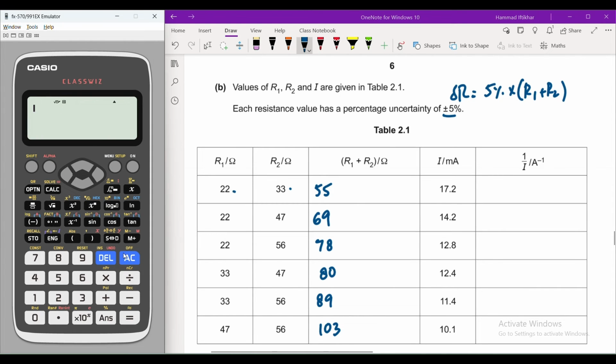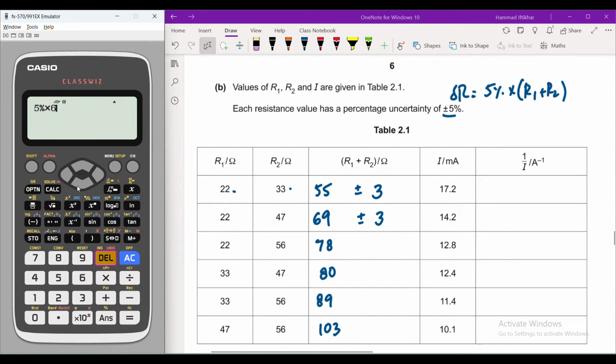Okay, now we need the 5% on each of them. So 5% multiplied by 55 is 2.75, which is just going to be 3. Then we have 69, 3.45, this is plus minus 3.